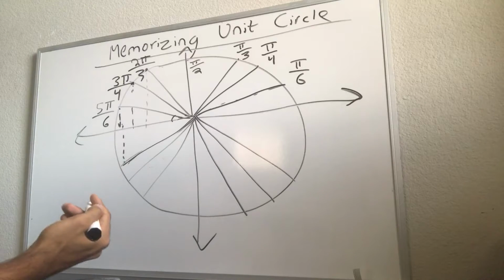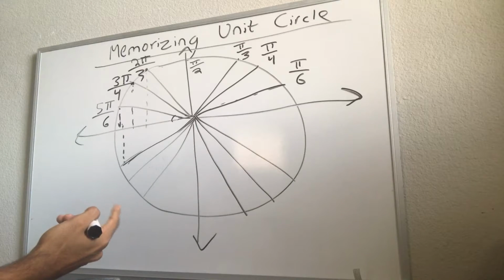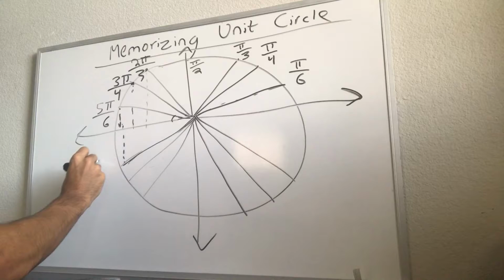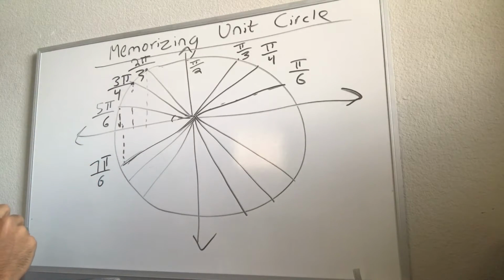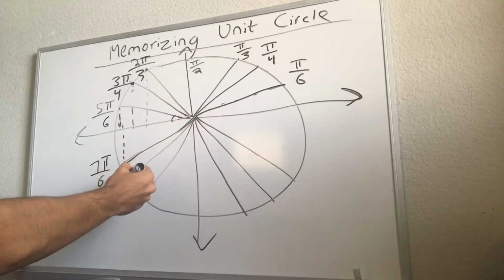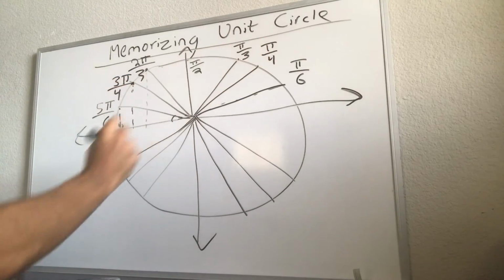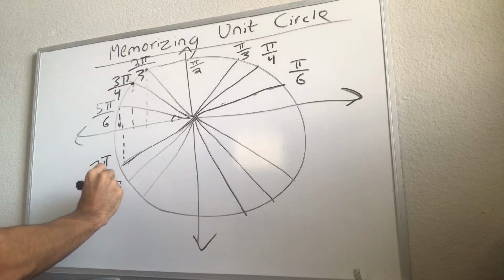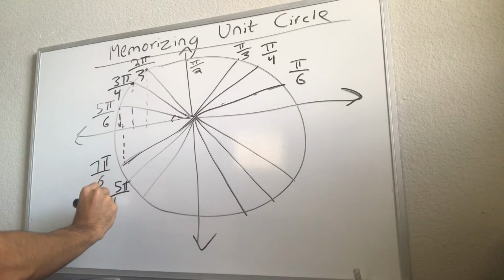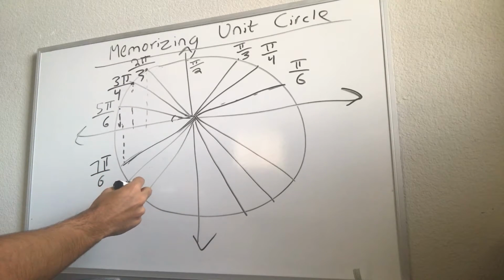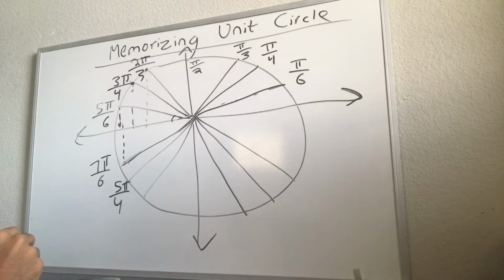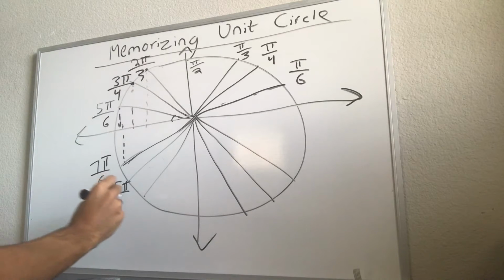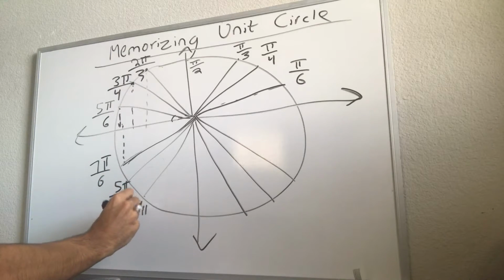The fact that the numerator has to be 1 greater than the denominator means this will be 7 pi over 6. Similarly, this is referring to pi over 4, so it has to be 5 pi over 4. And the last one here is the largest reference angle, pi over 3. Therefore, this one would be 4 pi over 3.